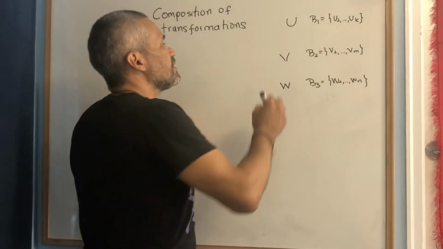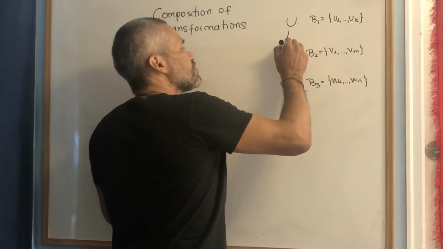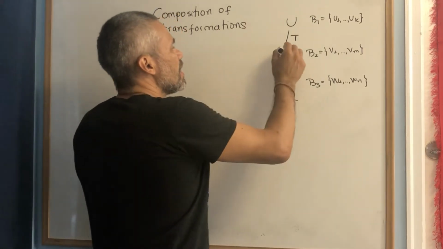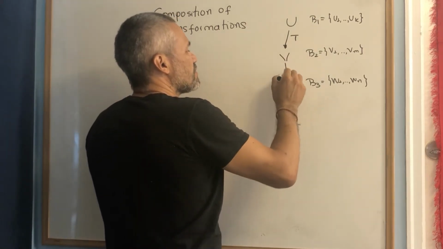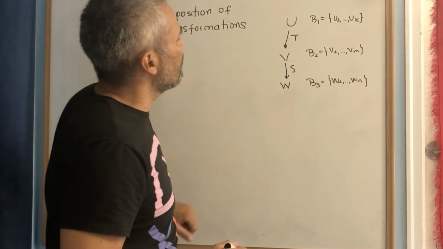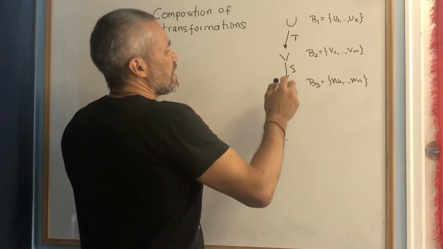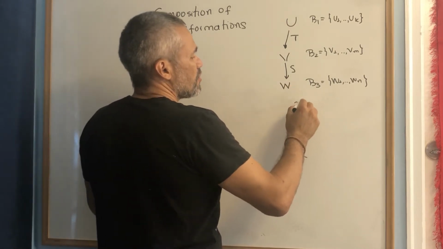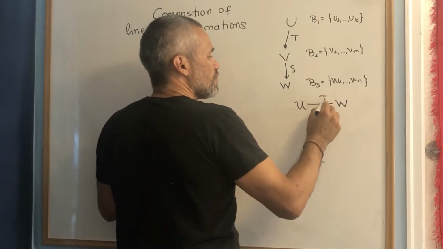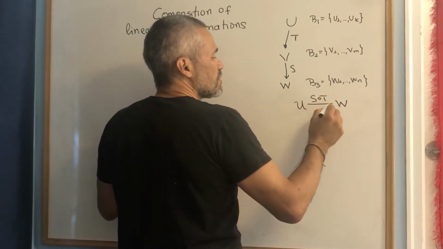And let's suppose that we have a linear transformation T from U to V, and we also have a linear transformation S from V to W. Then we can define a linear transformation from U to W, which is the composition of the two functions.